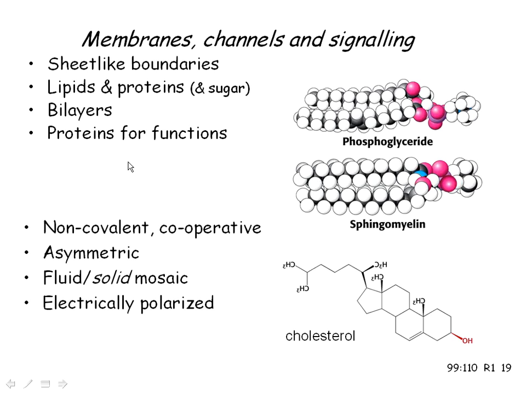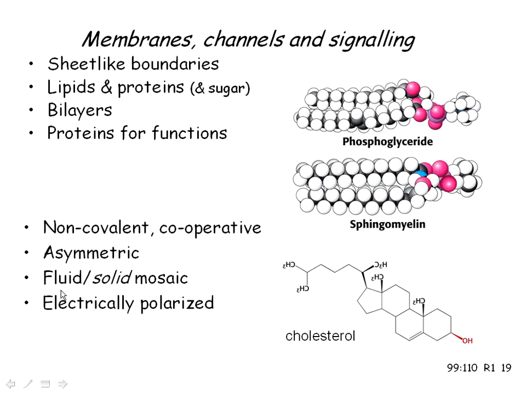The things that go into membranes are mixtures of lipids and then membrane proteins, and they are bilayers. The bilayer aspect controls movement in a gross way, keeping hydrophilic stuff out, and then the proteins add function. In contrast to the nucleic acids or the proteins, membranes are not covalently put together, but they do form cooperatively.